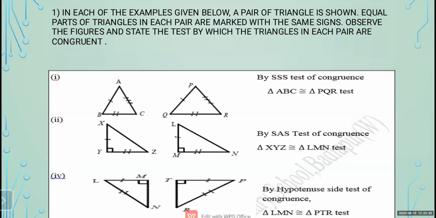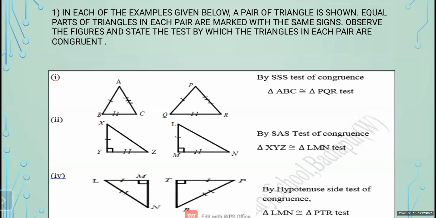Now here you are seeing three things in the congruence. But which test can you apply here? First of all, it is a right angle triangle. Okay. You can apply hypotenuse side test, or other tests are there. You can apply them over there or not. Just check it. Okay. So one side is there, angle is there, but the third side, that is MN and TP, are not congruent. That means you cannot apply the side angle side test.